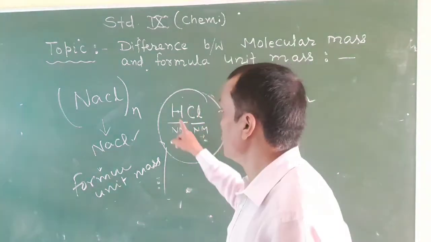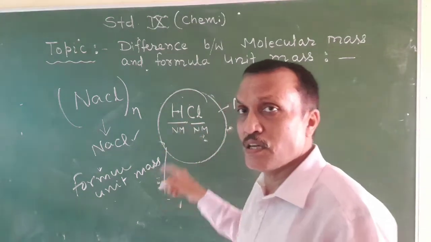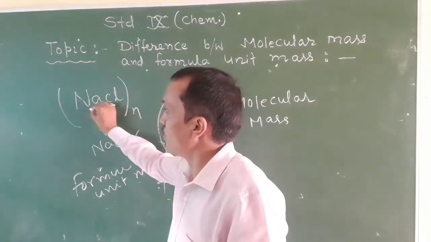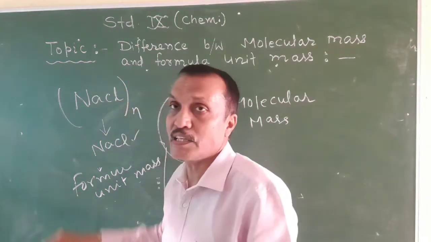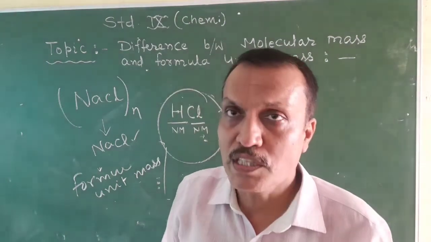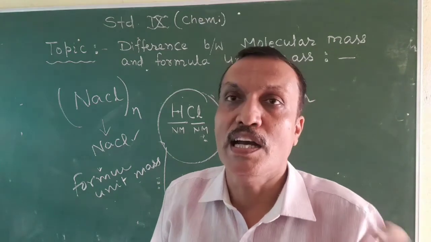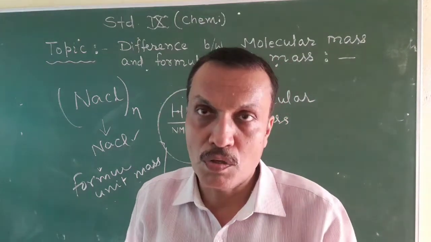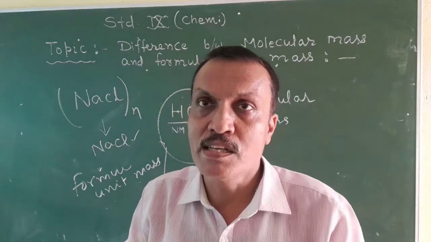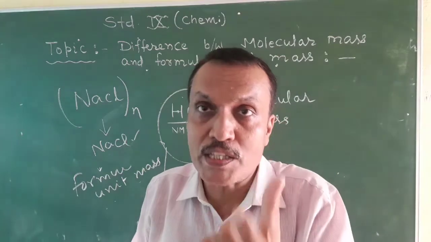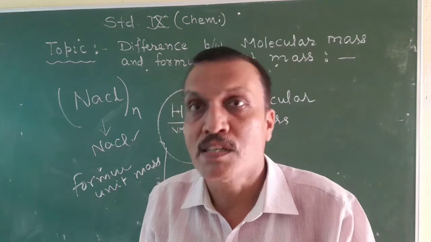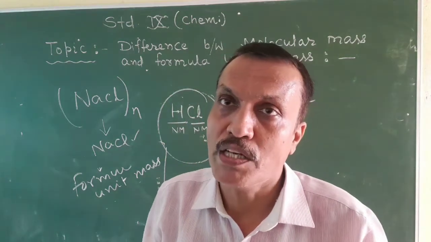Compounds made of only non-metallic atoms are said to be covalent compounds, and compounds made of metallic and non-metallic atoms are said to be ionic compounds. Ionic compounds do not exist as a single molecule. They exist in a lattice. That is why one unit from their lattice is taken out, and that mass is said to be formula unit mass.